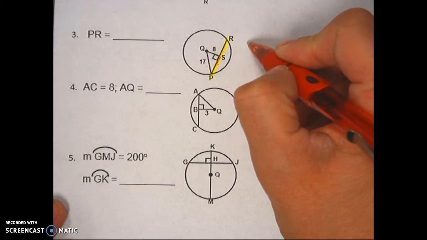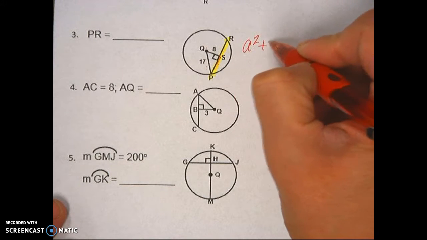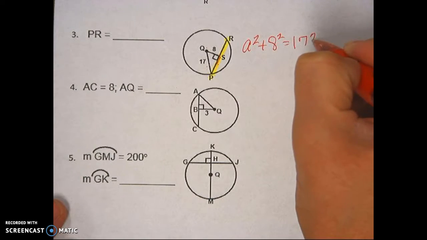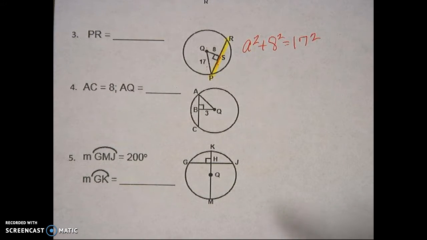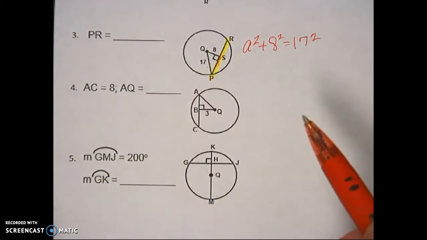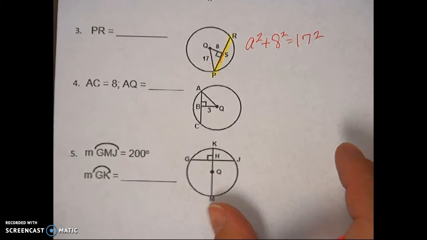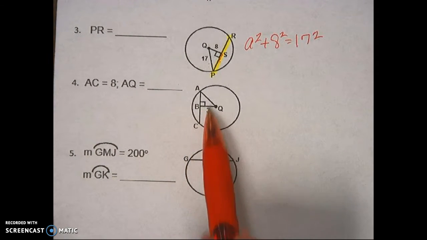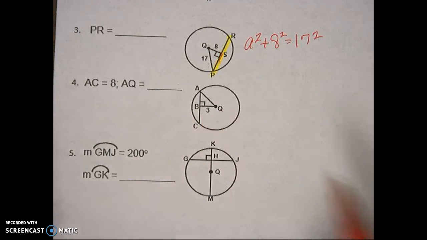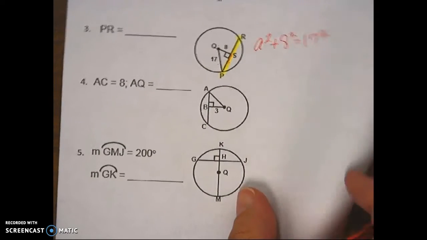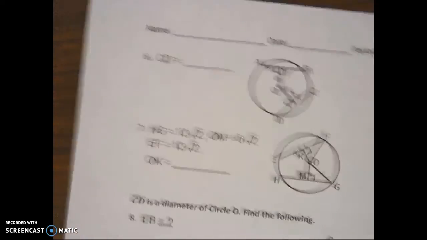So I could set up a squared plus h squared equals 17 squared. Solve that. I think you get PS is 15, and then you could use that to find PR. Same thing on number 4. You have AC is 8, so that means that AB is 4. Set up that triangle. And then number 5 is one of the arc measures as well.